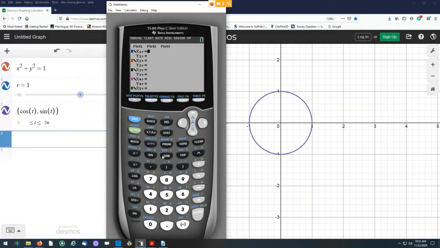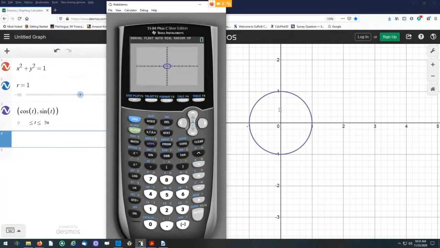So over here, this would be cosine t, sine t, and in the window t goes from 0 to 2 pi, so that should be fine. So I can graph it. It's going to look like a squashed circle, but there it is. If I get the aspect ratio correct, I can make it look more circular. But you can do it on your calculator. That's all I wanted to point out.